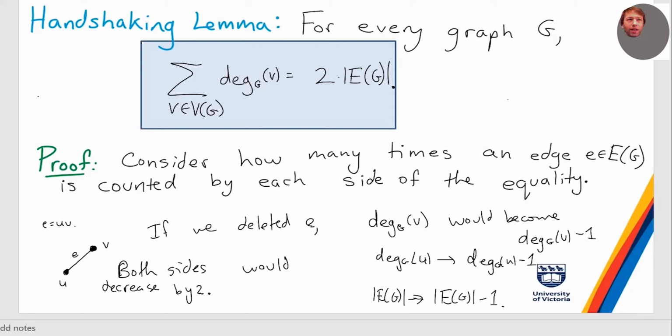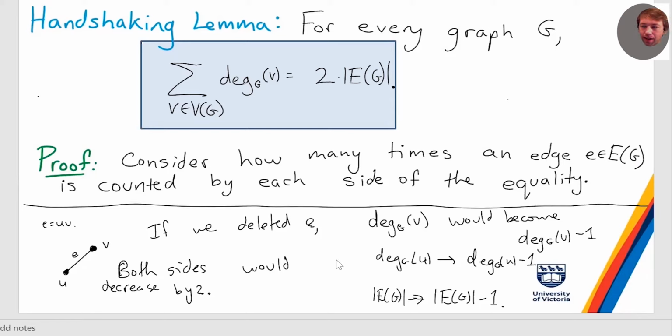Formally, I guess I could say we're kind of done by induction or something, right? But really, we don't actually need induction here. In fact, you don't even really need all of this calculation here. This is just trying to explain it. Really, if I consider how many times each edge is counted by each side of the equality, I can just say it's twice, right?